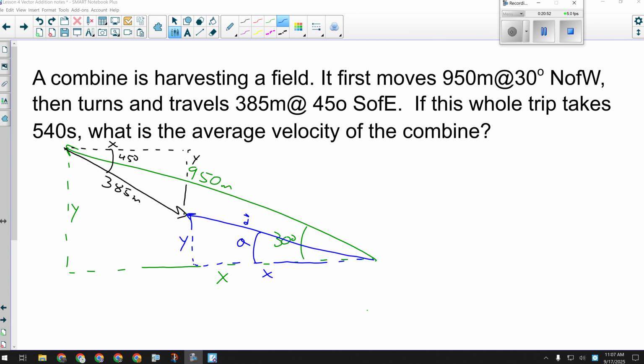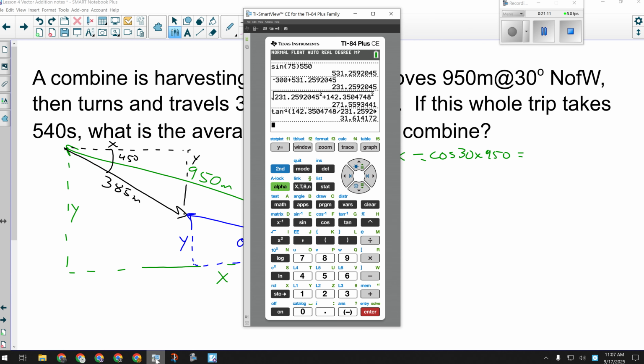Okay, same process as always. I got to break this up into its x and y components. So let's start with the green triangle since that's where the question started. Green x is right here adjacent to the 30-degree angle. So cos of 30 times 950 will give me what green x comes out to.